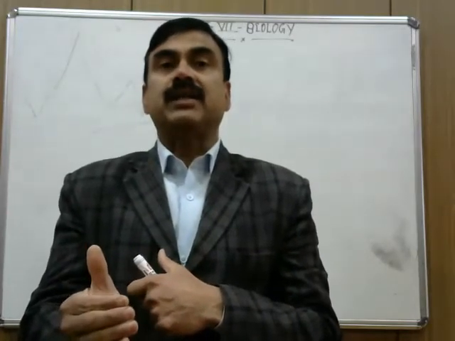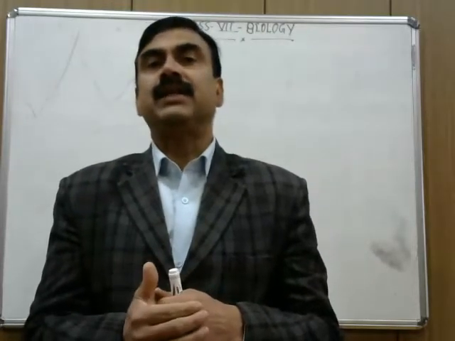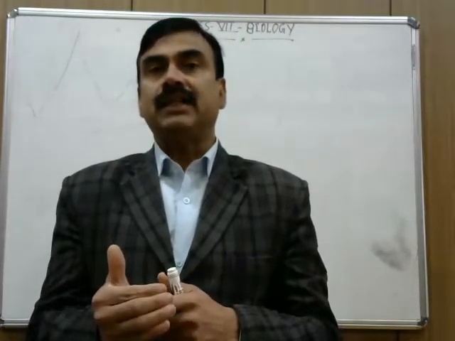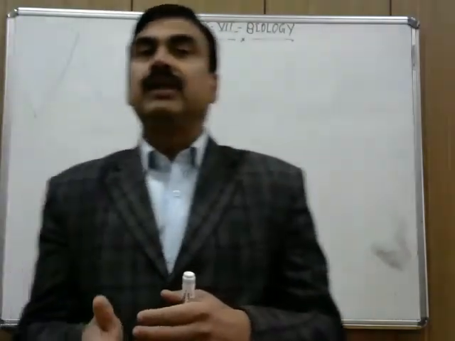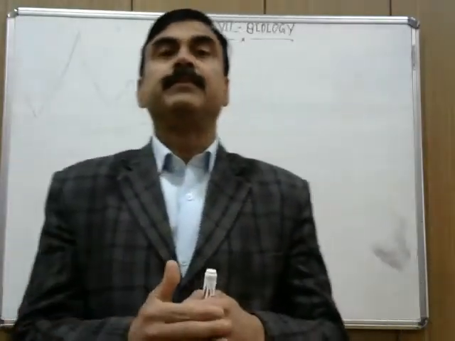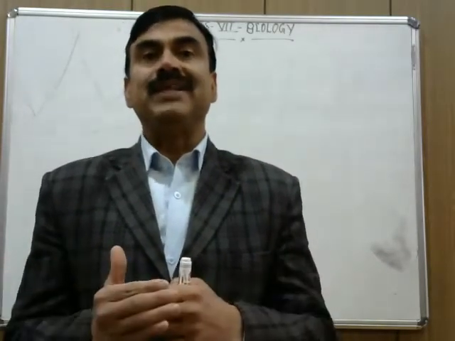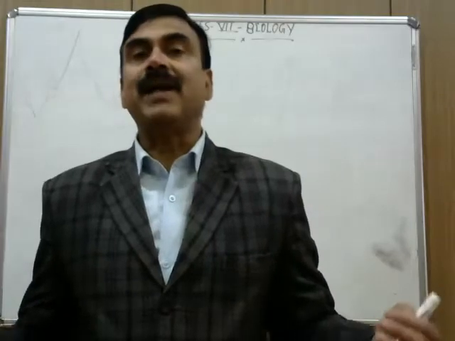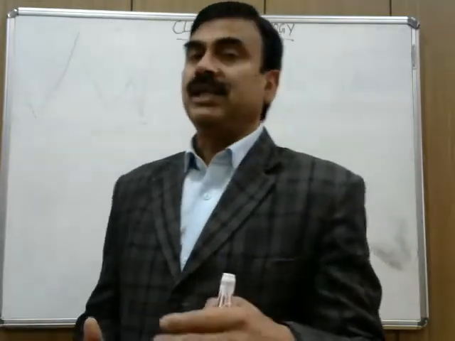In the stomach, digestion of protein is completed, and then the food reaches the duodenum, where digestion of starch and proteins is done with the help of pancreatic juice and bile juice.